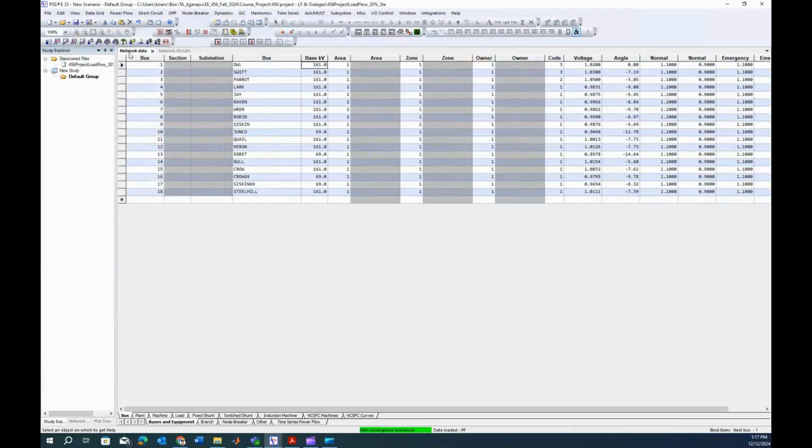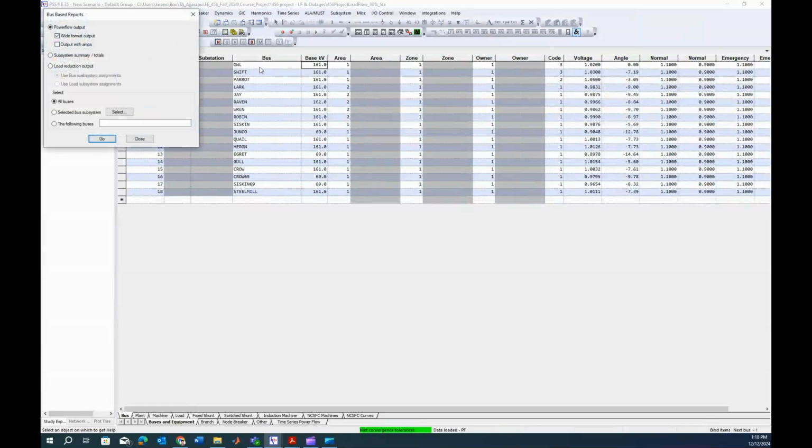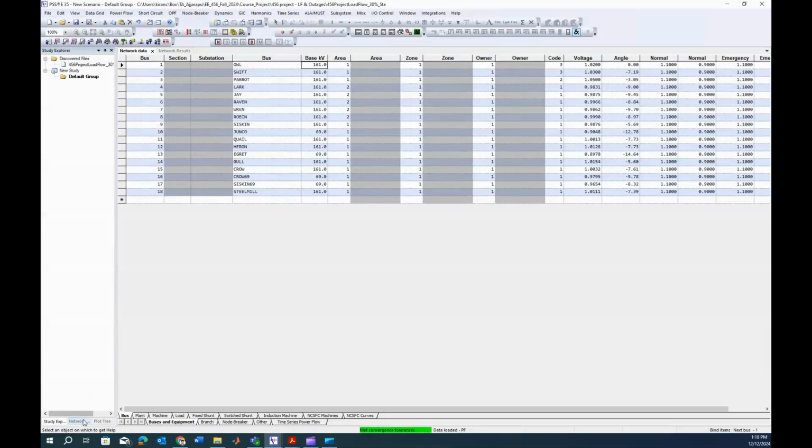Then you can also go to power flow, go for the reports, and ask for bus based reports, which will generate the power flow output at all buses. You can see that that's what we opted for. Go and then close.